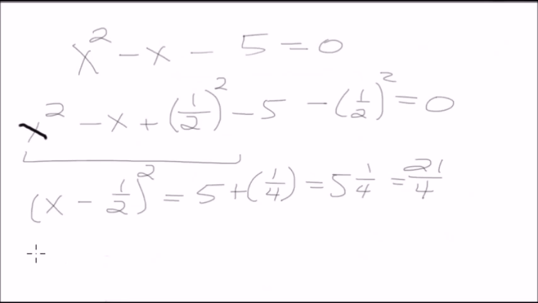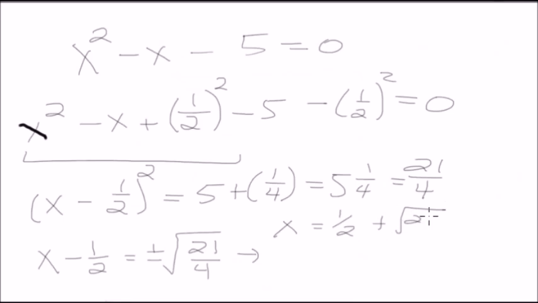I know that x minus 1/2 is going to be equal to either the positive or the negative root of 21/4. So I can solve and get my two roots. I can get that x is equal to 1/2 plus the root of 21/4, or x is equal to 1/2 minus the root of 21/4.